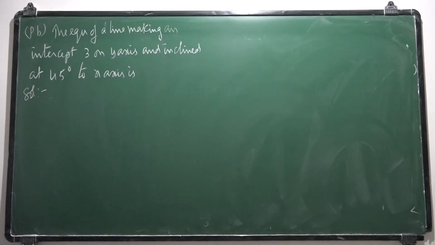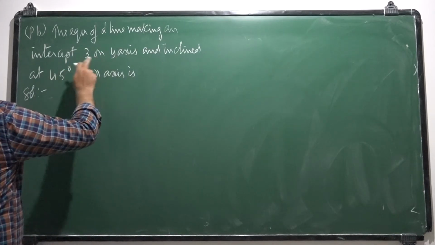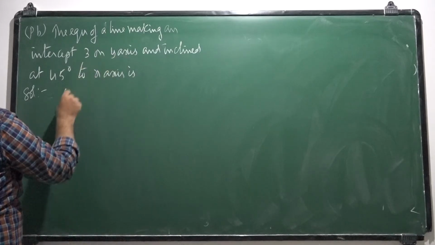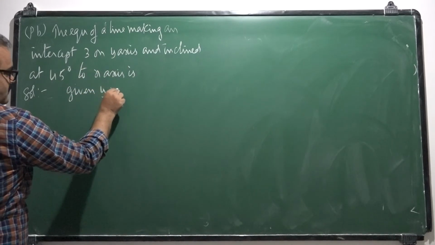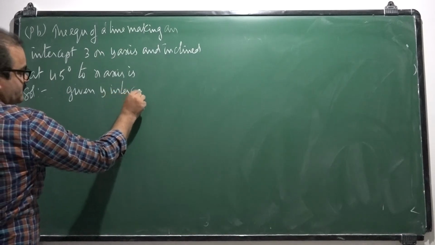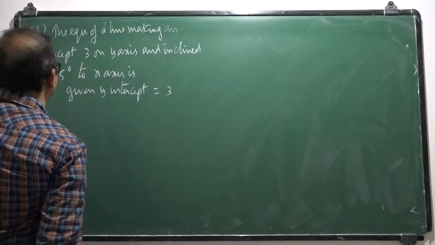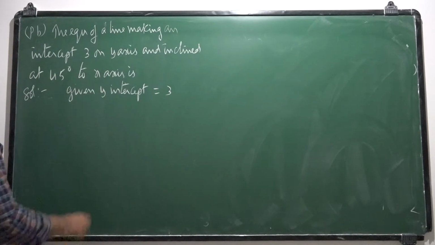In this problem what is given? The line making an intercept 3 on y-axis. So y-intercept is given, y-intercept is equal to 3. Inclined at 45 degrees to x-axis.